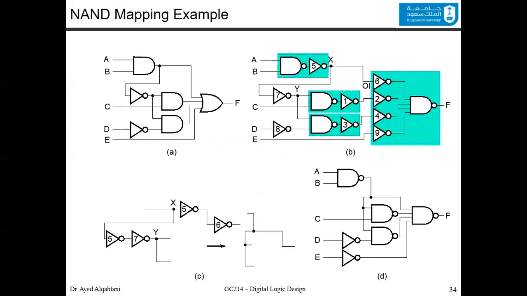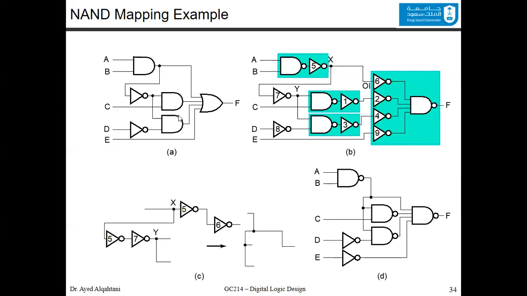Here's an example. If you have this gate and you work on it, you started from, let's say, a certain specification, you came up with the Karnaugh map, you optimize it, and you came up with this design at the end. How can you transfer this design to only NANDs and inverters?